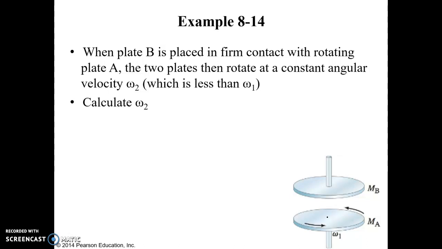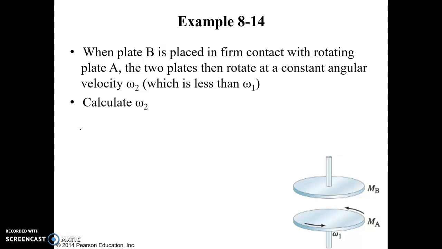Okay, so now we're finally to the point where we have this plate A that is spinning. We're going to press it up against B. Then they're going to rotate as one unit, and we want to know what that new angular velocity is going to be. So here's where we're going to use our conservation of momentum.